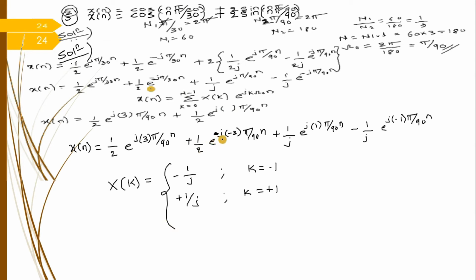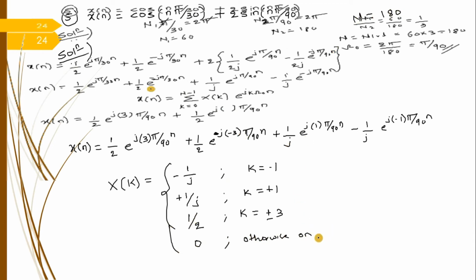Similarly, when minus 3, your constant is 1 by 2, when k is equal to both 1 by 2, 1 by 2 here. So hence I can write plus or minus 3. So plus as well as minus, you have the same value, and 0 otherwise. What was the period?